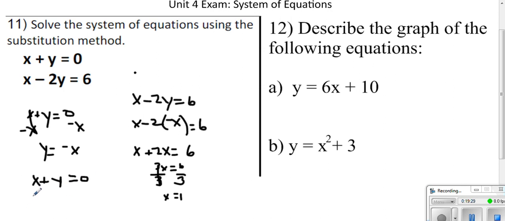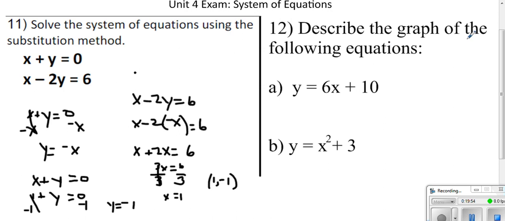X is 1. So all you have to do is solve for y by subtracting 1 from both sides. And y is alone. Y equals negative 1. So you have 1 comma negative 1 as the solution to the system.